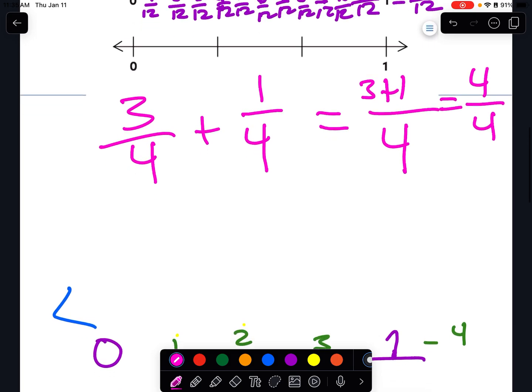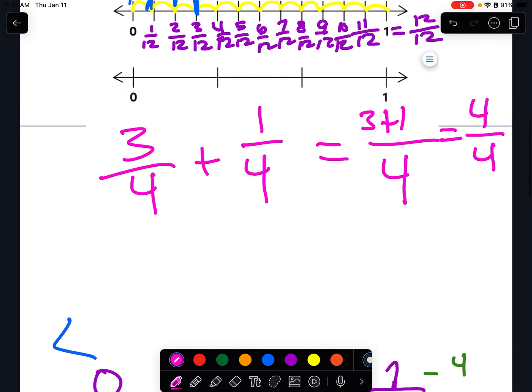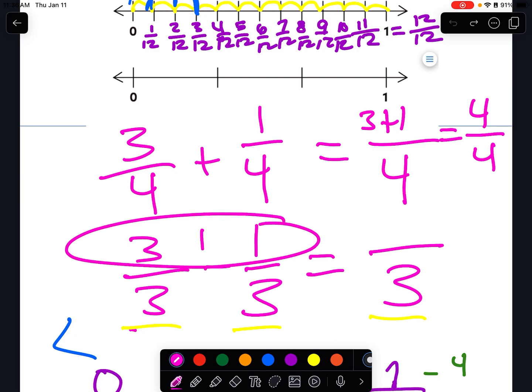By the way, this works with subtraction too. We're not going to get into that too much right now, but if I have, let's say, 3/3 minus 1/3, you do the same thing. You keep the denominator the same. The denominator is 3. And then you're going to add the numerators.